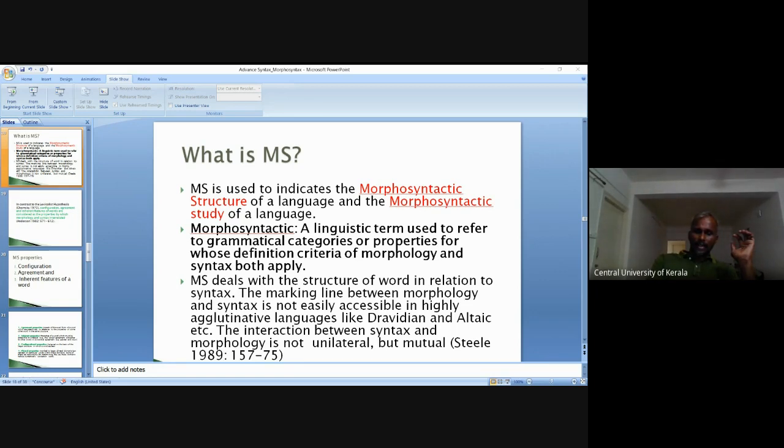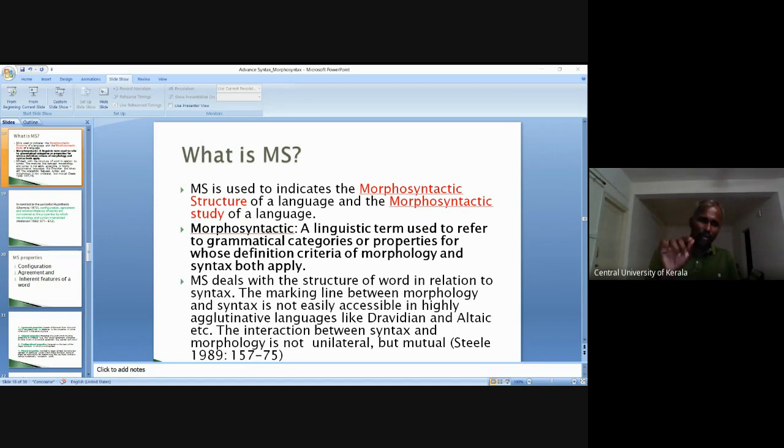See, how to identify? Once you have a minimum idea about what morphosyntax is, as a linguist your job is to identify the morphosyntactic features. So I just give a small table of features: gender, number, person, case, definiteness, finiteness. You can list out all the grammatical features in a language.